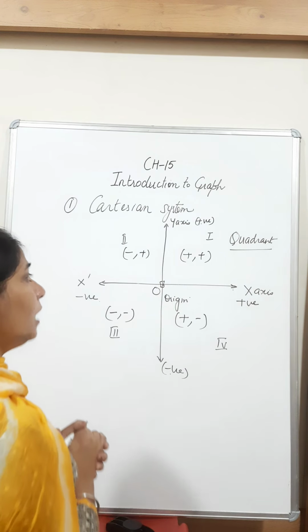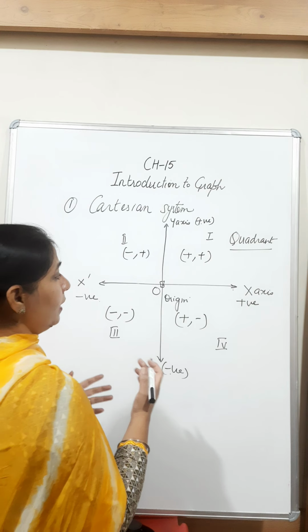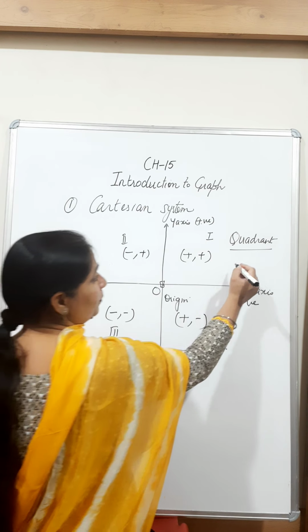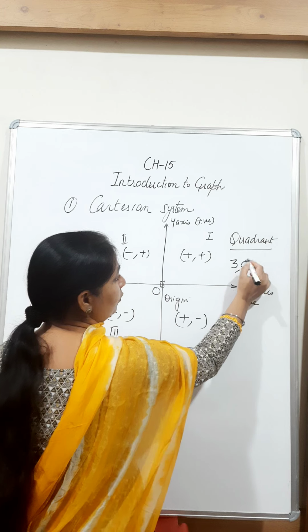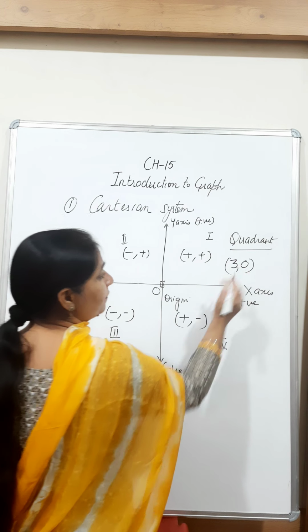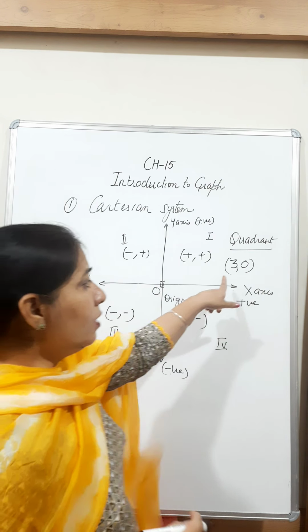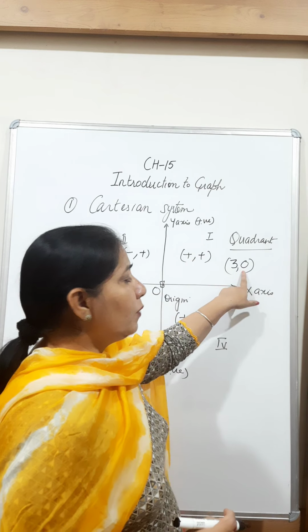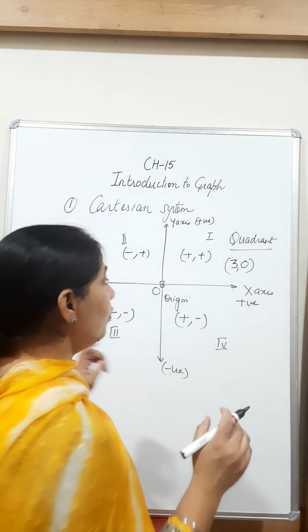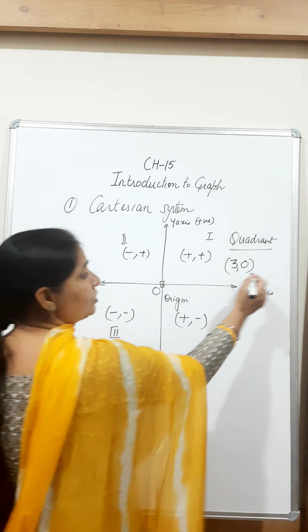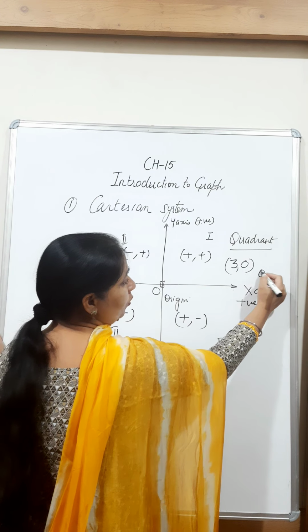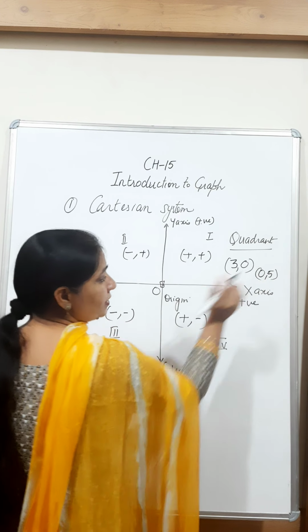But apart from this, beta, suppose we have a number 3, 0. Here 3 is positive, but the y value is 0. So where do we plot such numbers like 3, 0, or 0, 5 where x is 0?